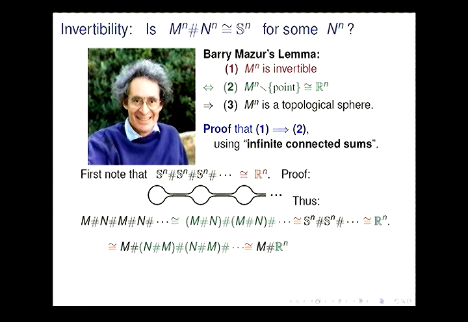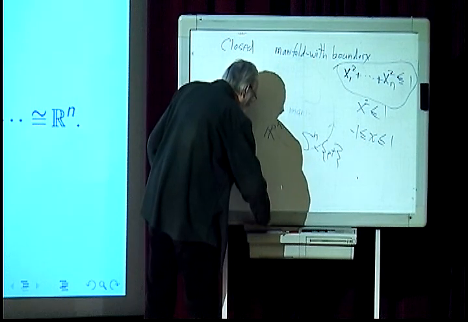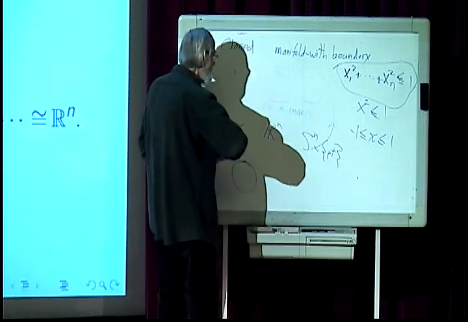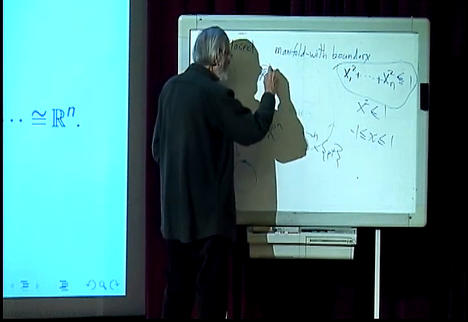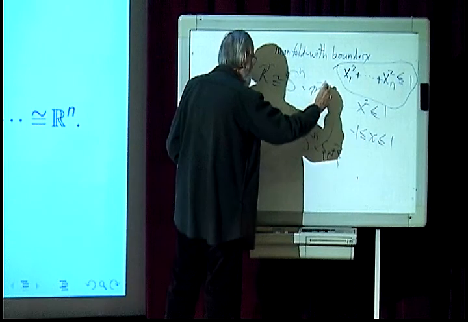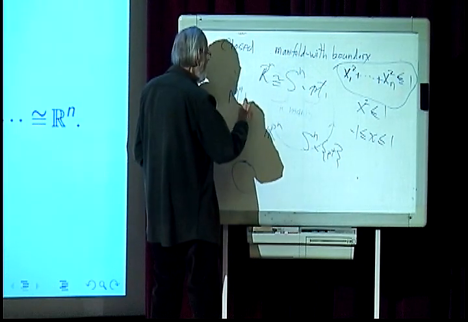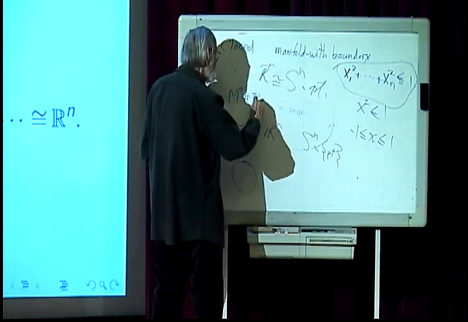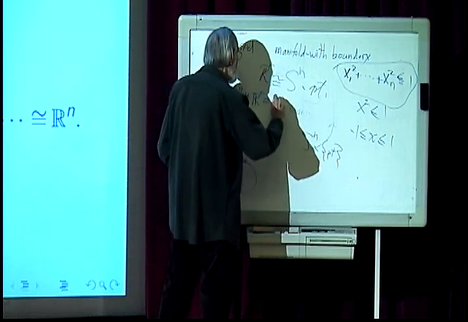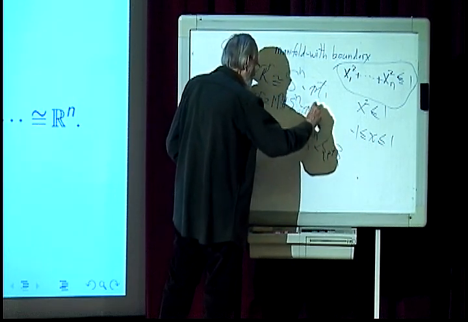Well, what is M plus Rn? You can think of Rn as being a sphere with a point removed. So if you take Mn plus Rn, it's the same as taking Mn plus Sn and then removing a point.